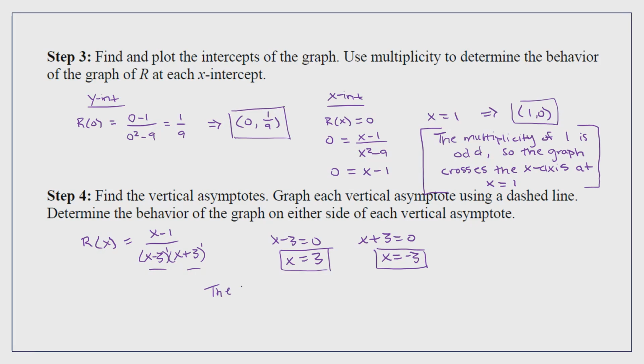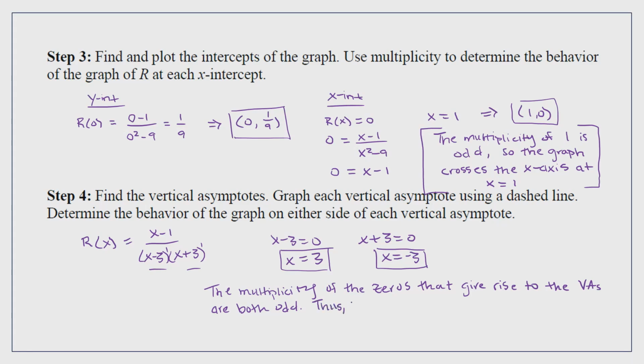The multiplicity of the zeros that give rise to the vertical asymptotes, which I'm abbreviating VA, are both odd.